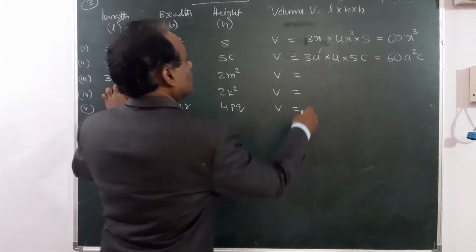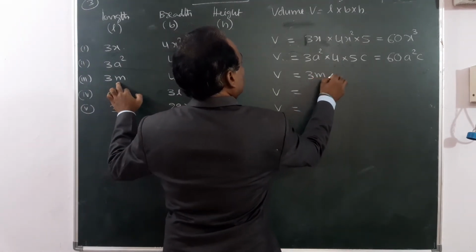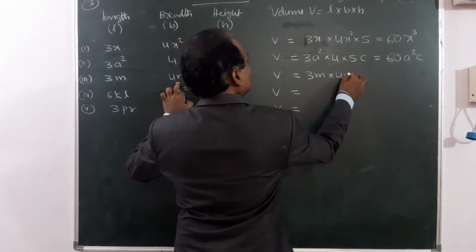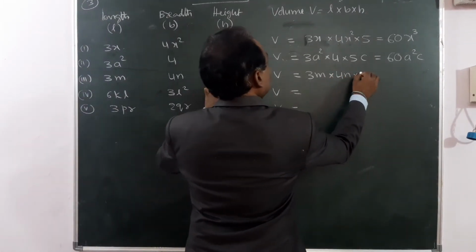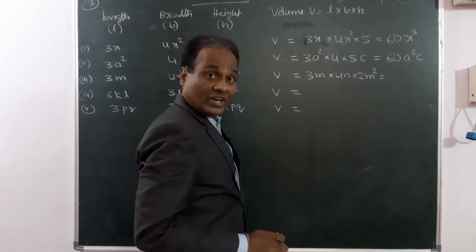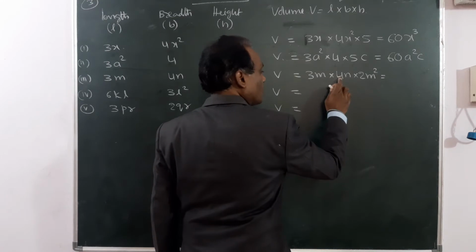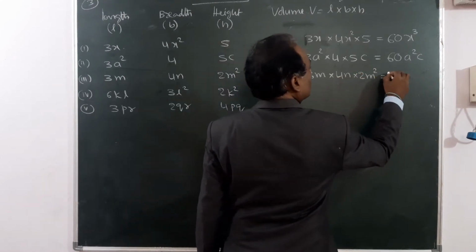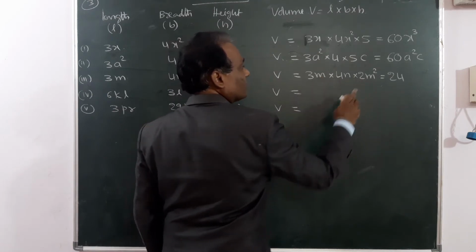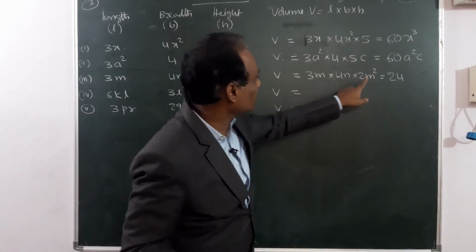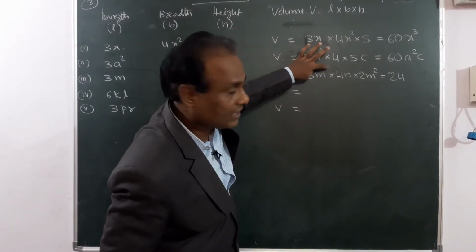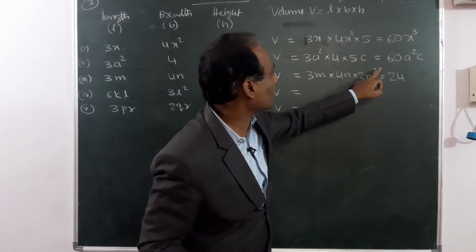Next, length is 3m, breadth is 4n, height is 2m square. 3 into 4, 12, 12 into 2, 24. m, same base. What is the power here? If there is no number, it is 1, m power 1. This is m power 2.